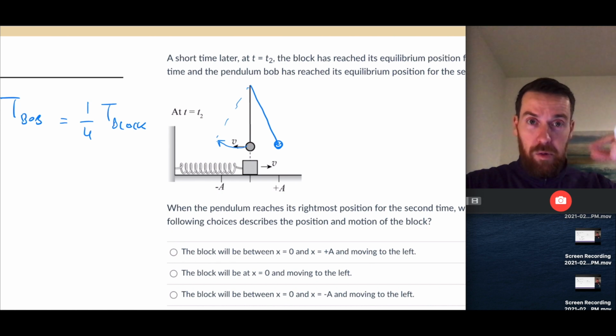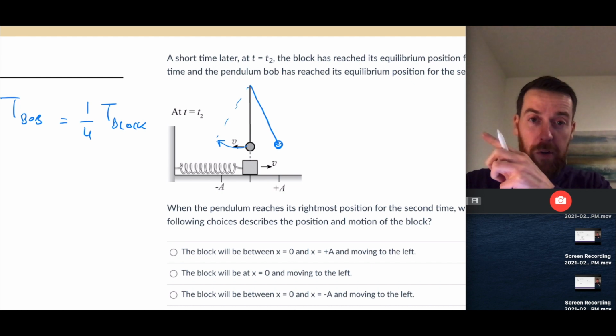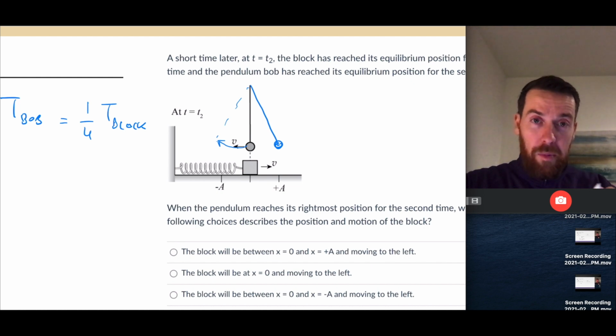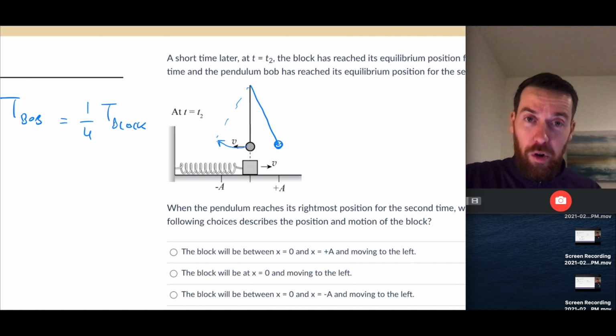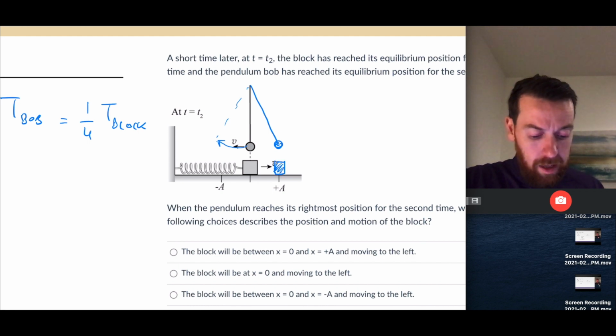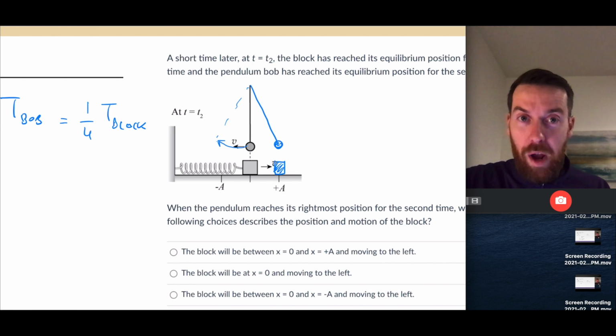So at T2 it is in the middle, at equilibrium. It will take another quarter of the period to go to its leftmost, another quarter down to the equilibrium, and another quarter to its rightmost. But in 3/4 of the pendulum's motion, the block completes 1/4 of its period. So the block should be right over the bob again at x equals plus A, and instantaneously at rest at that instant.